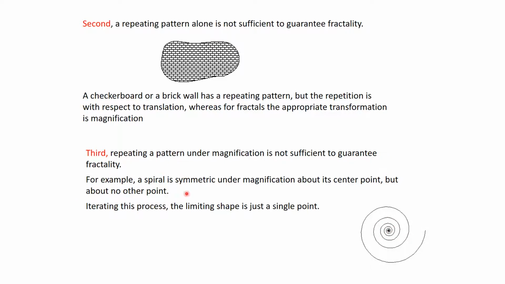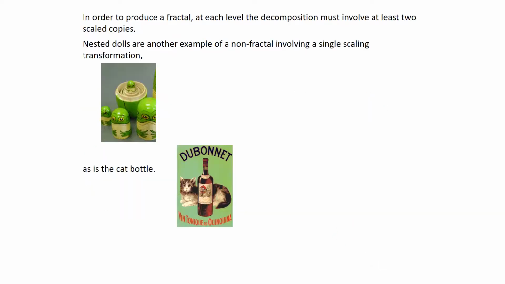A fractal will be symmetric under magnification with respect to any point. Anywhere you look, it should look the same, not only with respect to one point. This spiral is symmetric under magnification, but only with respect to one single point. So if you keep on iterating this process, the limiting shape with just a single point will not be a fractal image.